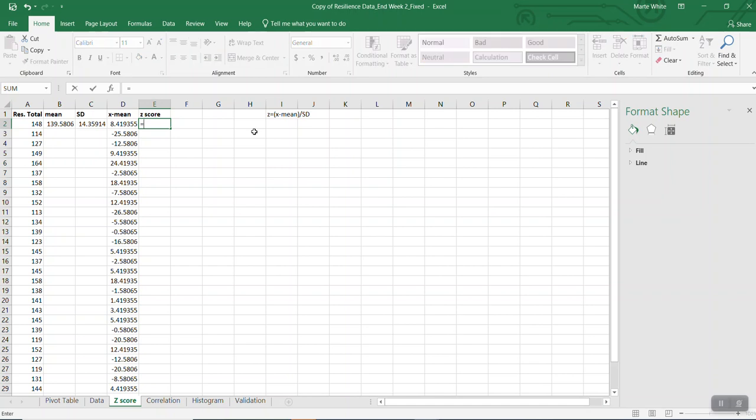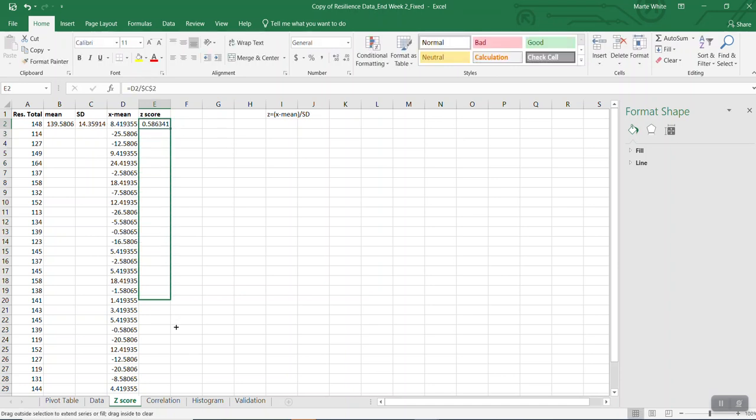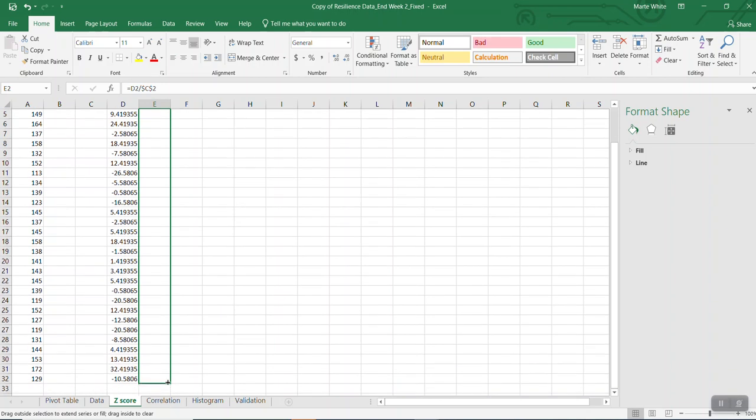This is equals this number, because this is the x minus the mean, divided by the standard deviation, F4, because I want to lock that cell in, enter. And I want to drag this all the way down to the bottom.